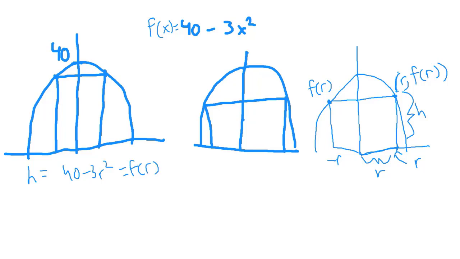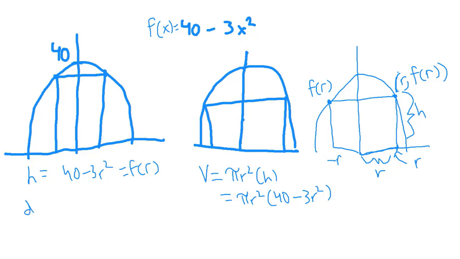Instead of x, we're plugging r in. So now our volume we can write as V equals pi r squared h equals pi r squared times (40 minus 3r squared). Since we have our volume only in terms of one variable, we can take the derivative of this and set it equal to 0 to get our optimization.